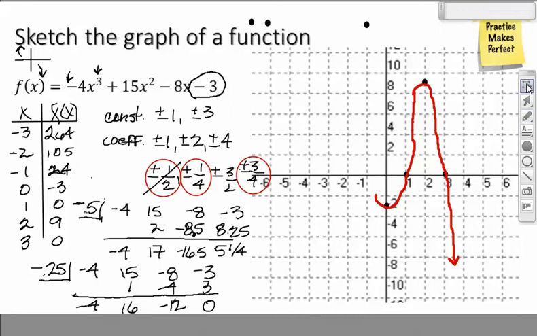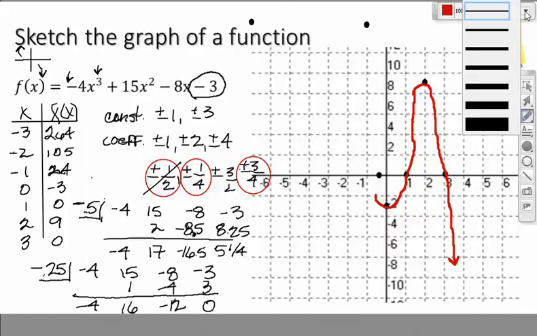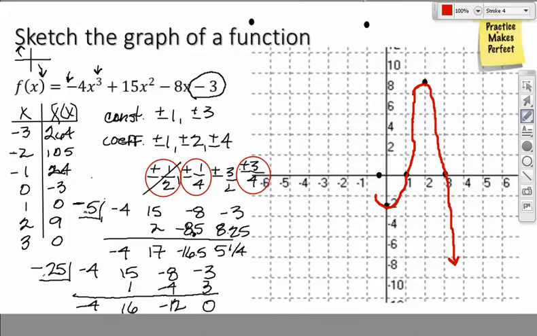I found my other x-intercept. So I'm going to grab one of these points. I'm going to put it about right there. That almost looks like a half. I can't remember which thickness I had that on. But let's try.